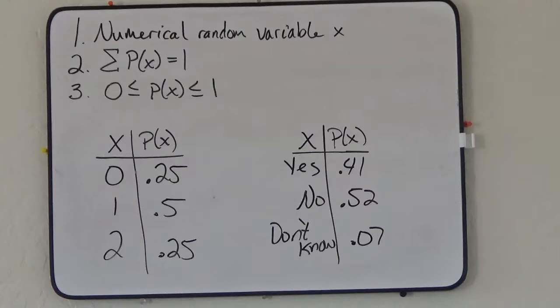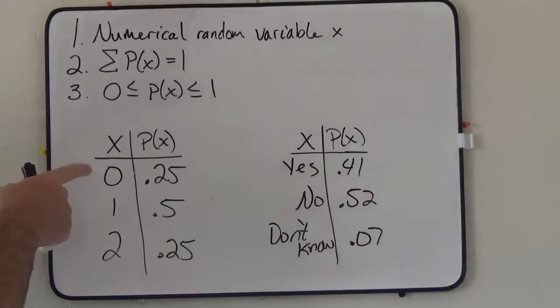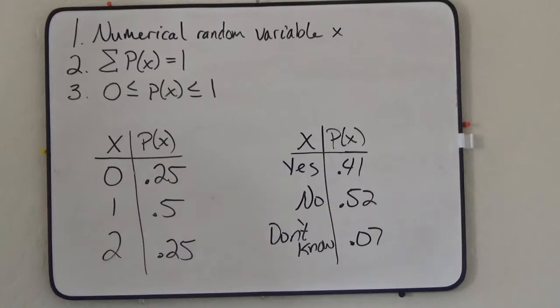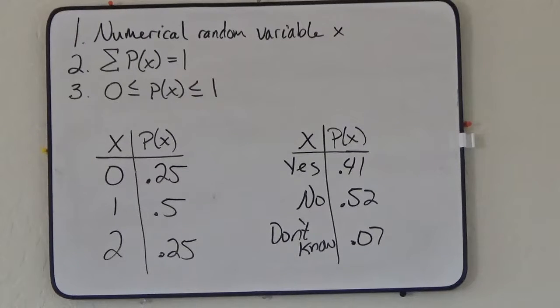Now, let's just say that x represents the number of girls in 2 births, okay? So this right here is a representation of that. We could have 0 girls in 2 births, 1 girl in 2 births, or 2 girls in 2 births. Now the probability of each of those is written 0.25 for 0, 0.5 for 1, and 0.25 for 2.